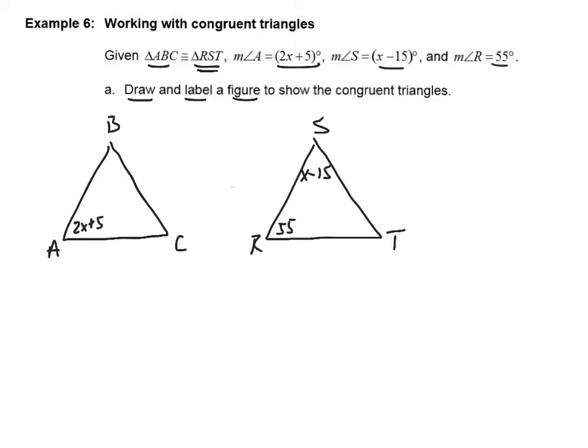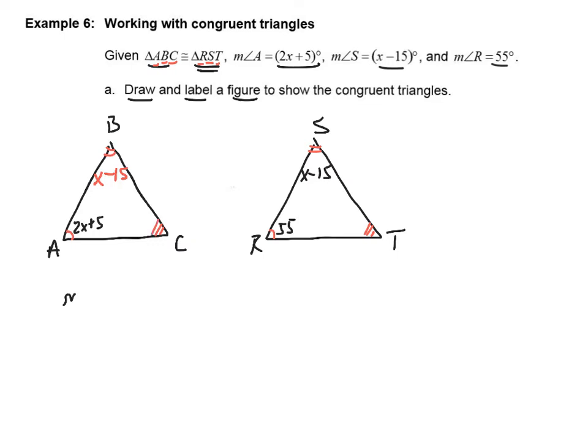Now, because my triangles are congruent, I know that A is congruent to R, angle B is congruent to angle S, and angle C is congruent to angle T. So I can put one arc here, two arcs here, two arcs here. So I can say that angle B is x minus 15 as well. And I can put 3 arcs in angle T and 3 arcs in angle C. So now I can easily see what goes with what.